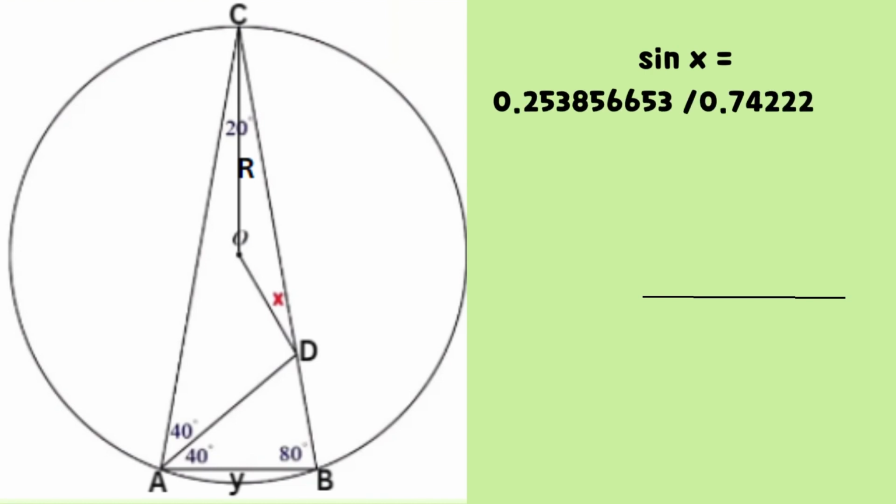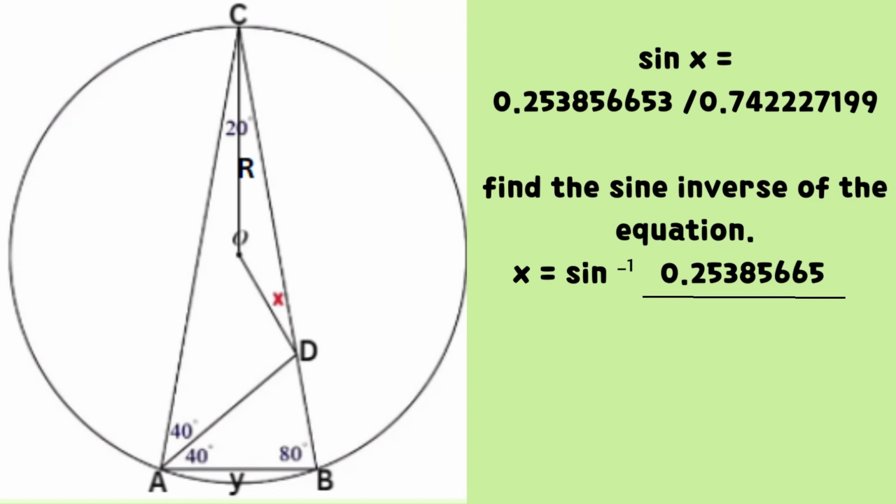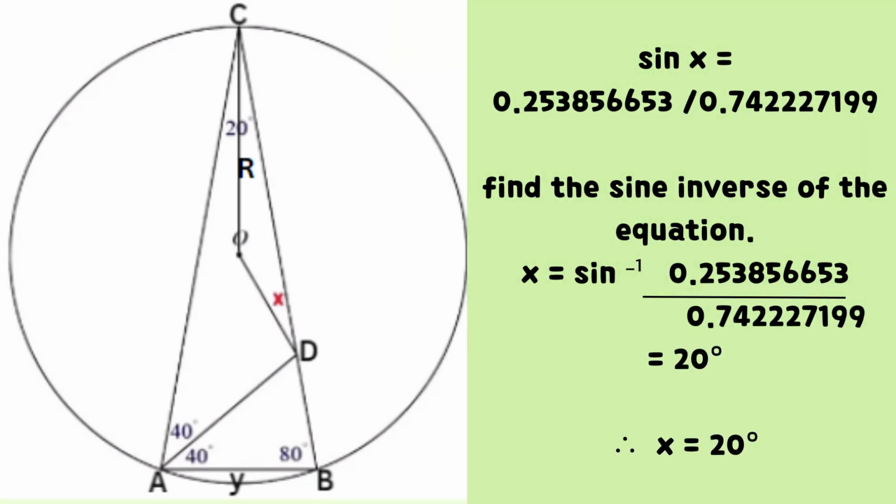Sin x equals 0.2538566653 divided by 0.7422271199. Find the sine inverse. We have that x equals sine inverse of 0.2538566653 divided by 0.7422271199, which equals 20 degrees. Therefore, x equals 20 degrees.